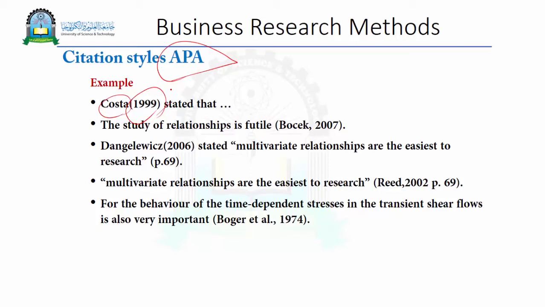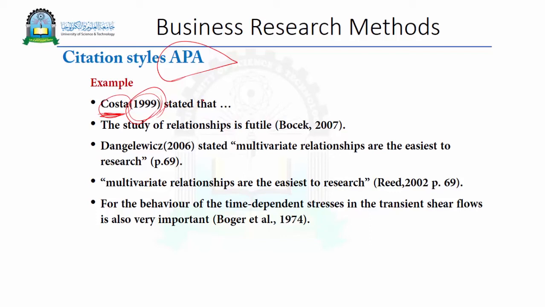To do so, when you mention the author of that idea or that research at the beginning of any paragraph or the beginning of writing, you need to mention the family name of the researcher, and then between brackets you write the date. Then you can paraphrase the idea. You can say stated that blah blah blah.